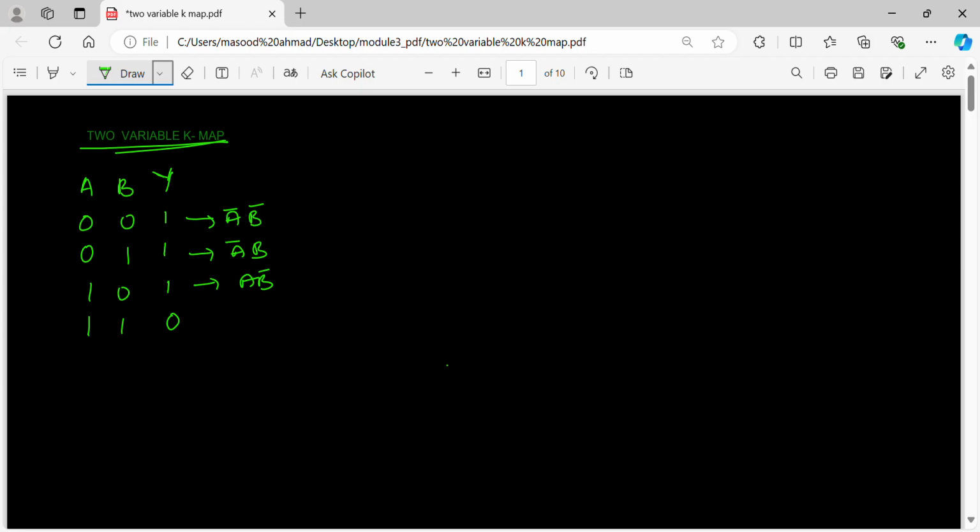So the expression for Y is A bar B bar plus A bar B plus A B bar. The meaning of this is Y equals 1 when A is 0 and B is 0, or A is 0 and B is 1, or A is 1 and B is 0.